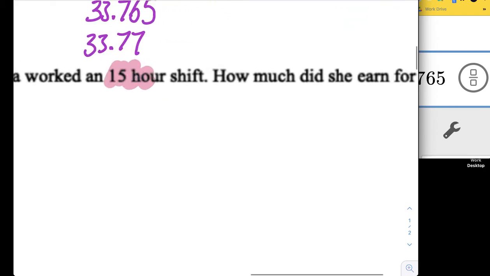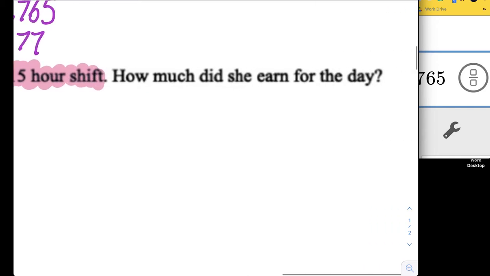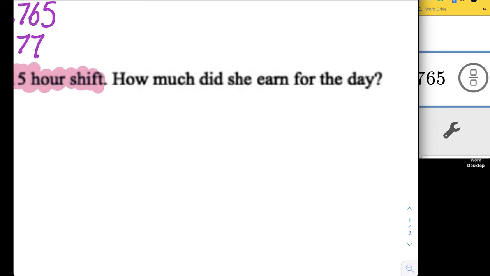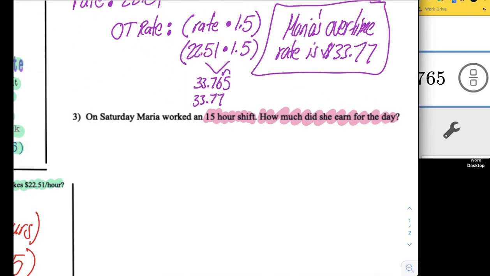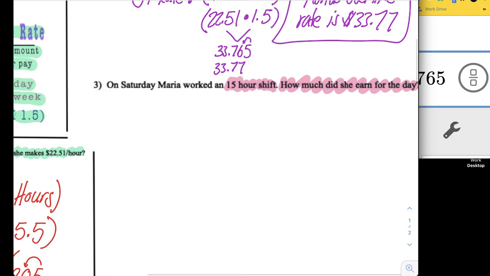How much did she earn that day? So she worked 15 hours. So this is total hours. Total hours is 15.